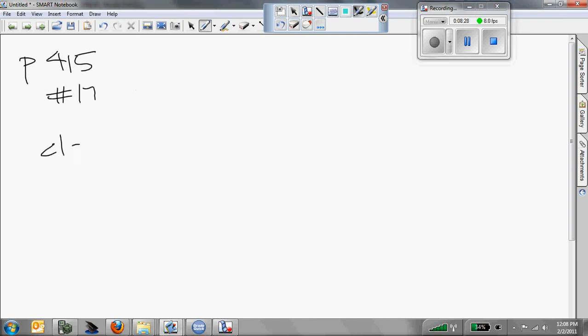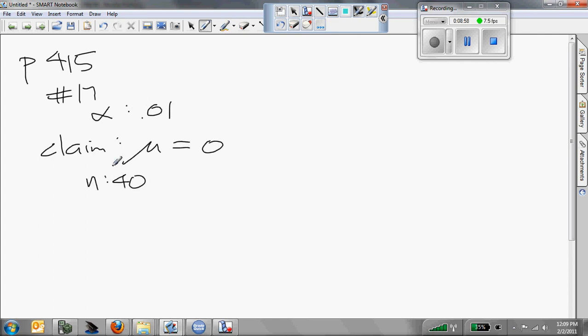Testing the claim that the watches have a mean equal to 0. So for number 17, we're using a significance level of 0.01, and the sample size is 40.